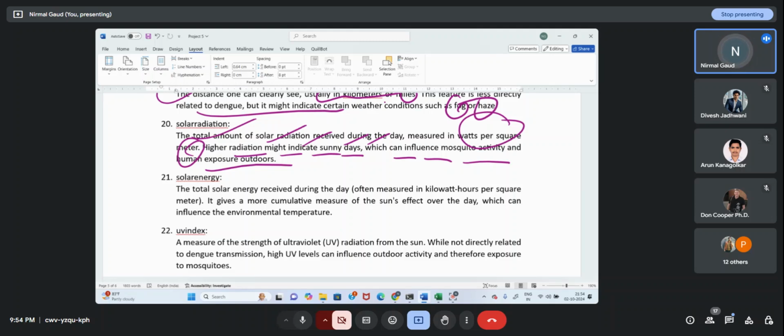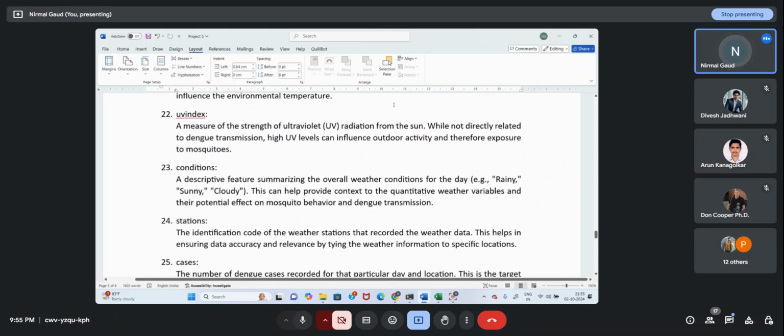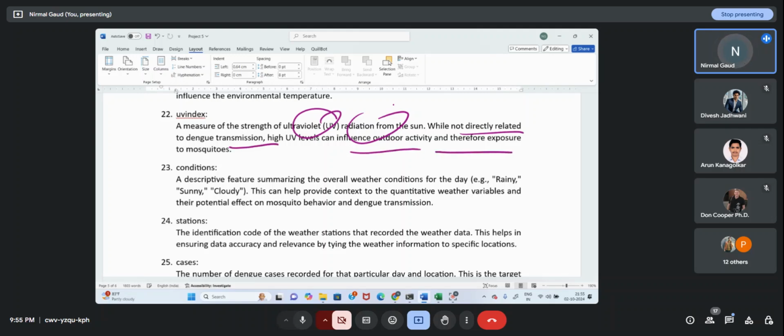On a rainy day they are inside. On a sunny day it's more exposure. Solar energy received during the day is often measured in kilowatt hours. UV index, that means ultraviolet radiation from the sun, which is not directly related to dengue transmission. It's just a part of outdoor effect, influencing outdoor activity.